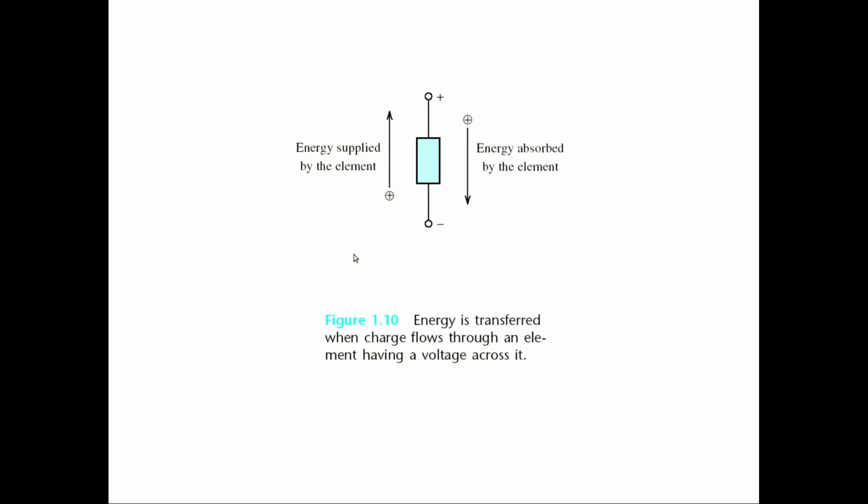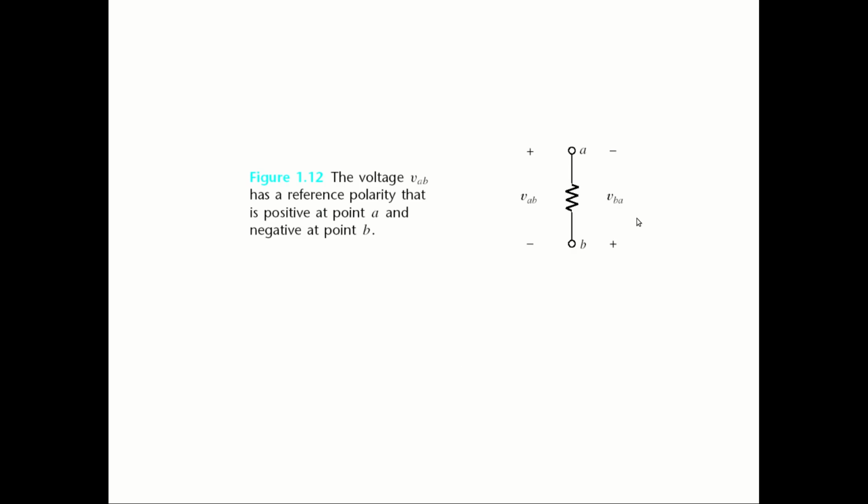Before that, we spoke about the energy supplied by the element in one direction and in the other direction being absorption of the energy. So the charge carries the energy through the components of the circuit, and this component absorbs some energy.